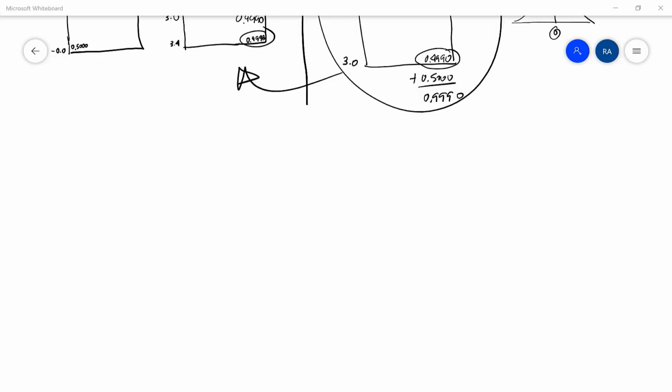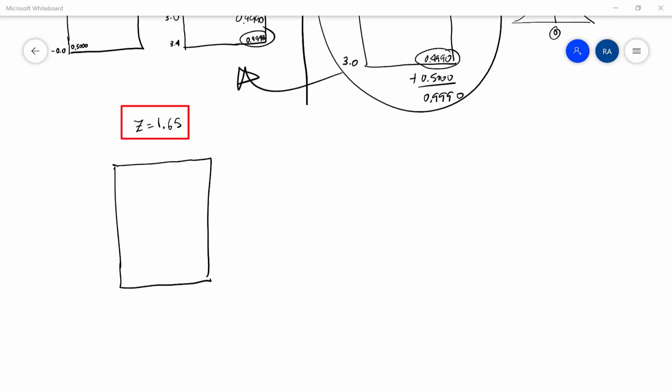We can use this table in two different ways. Given a z-score, we want to find the area to the left, so we need to find 1.6 in this column and the second decimal 0.05 in this row. Then in this intersection, we will find 0.9505. This number represents the probability to the left of this point in the positive z-score table.